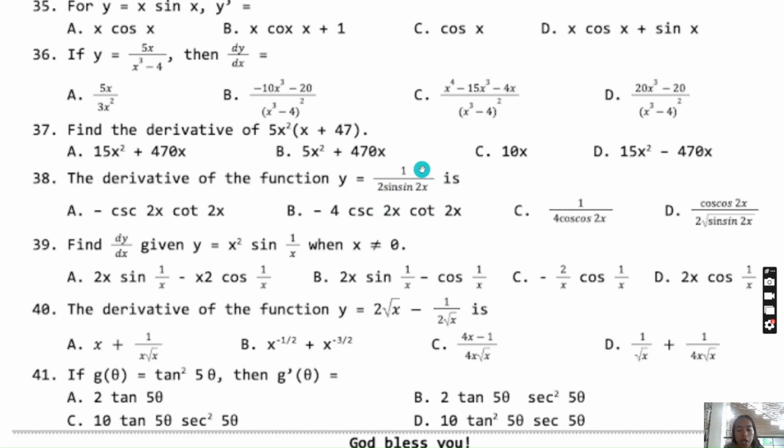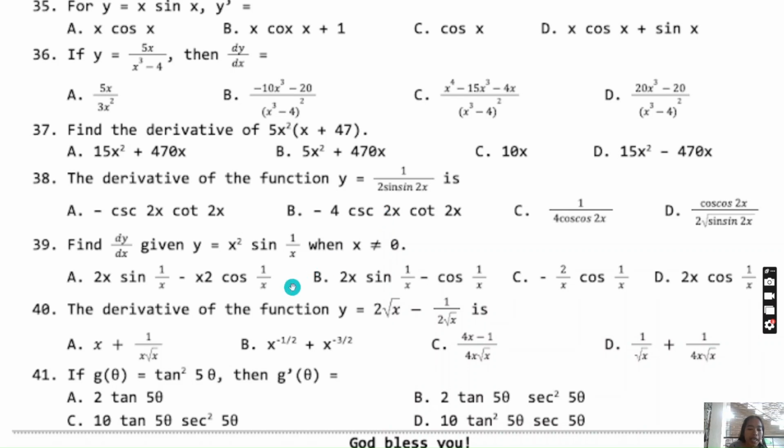Because if we find this derivative, each trigonometric function such as cosine, cosecant, cotangent, tangent has its own derivative. So if we find its derivative, we arrive at this answer, which is letter B.